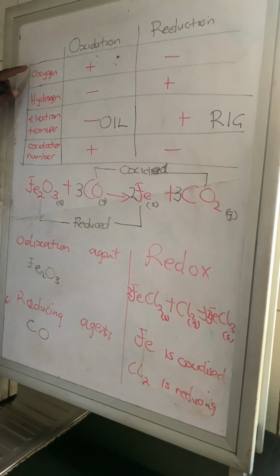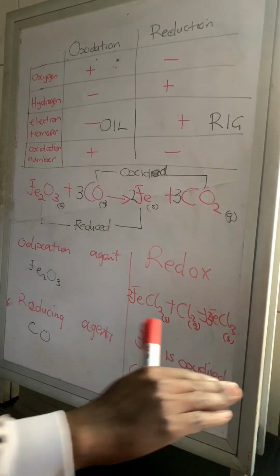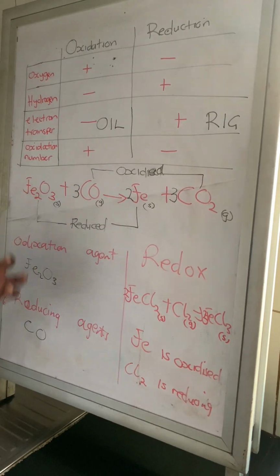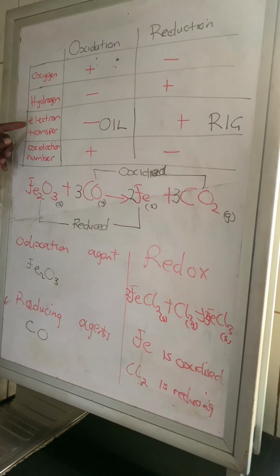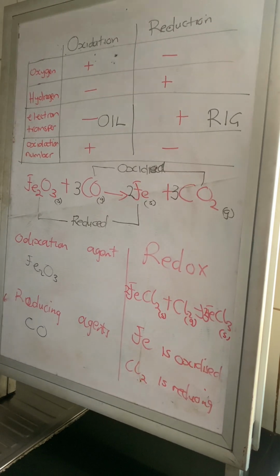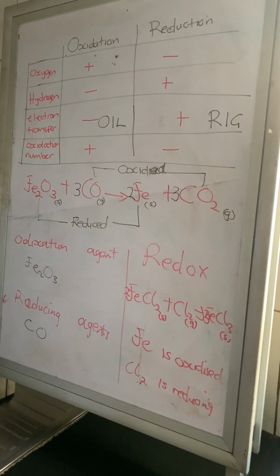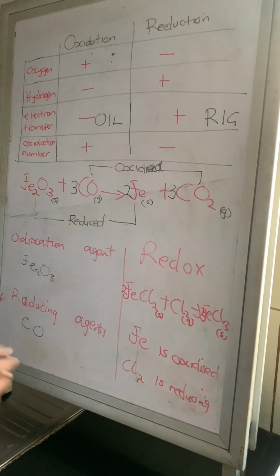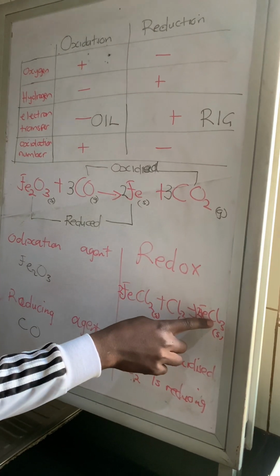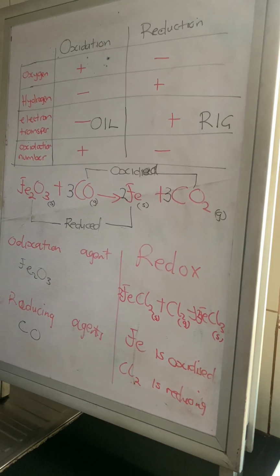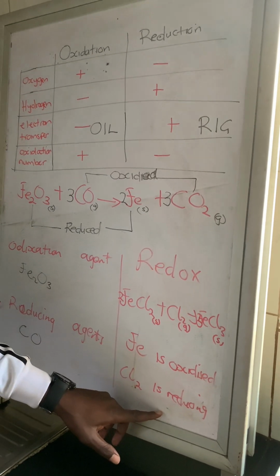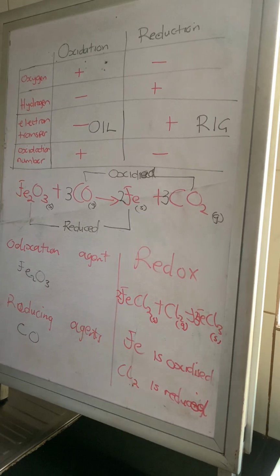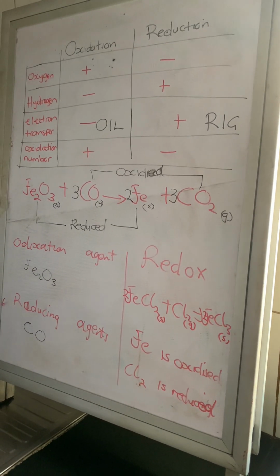So if there is no oxygen or hydrogen in the equation, you can identify the substance that has been oxidized or reduced by studying how many electrons have been transferred from one substance to another. Iron is a metal, it has donated 1 electron to chlorine, and chlorine has gained an electron. So chlorine is reduced and iron is oxidized.